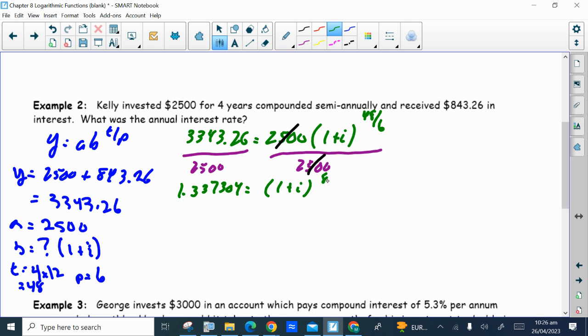I can get rid of the power 8 on the right by raising both sides to the 8th root. That'll cancel with the power 8 on the right, but I need to do the same thing to the left side as well. I need to take the 8th root of both sides.